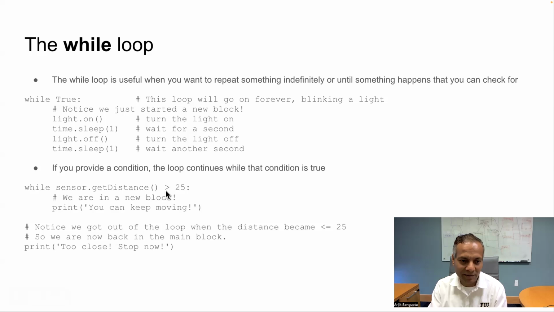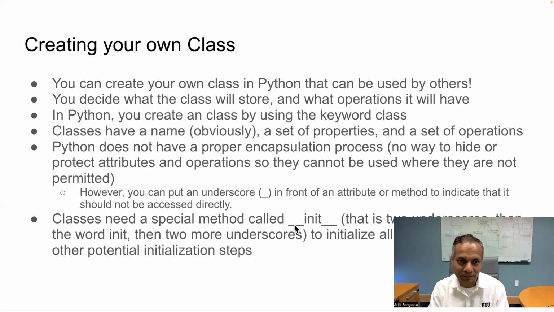So while sensor is greater than 25, we keep moving. Now, the moment it fell below 25, we came out of the block. Now you say, ooh, too close. You need to stop. Right? So that's basically one way to use a while loop.